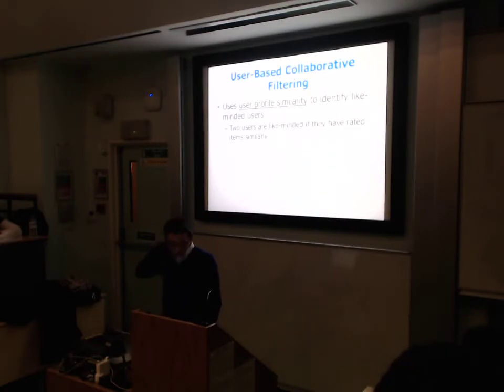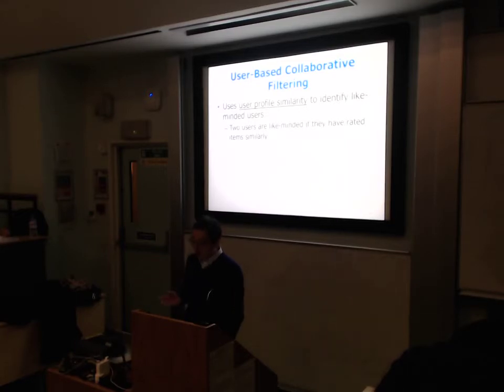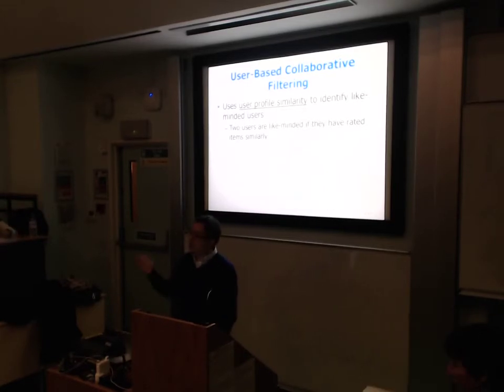So user-based collaborative filtering is that, because we have a profile to represent each individual user, we would be able to identify like-minded users, like-minded people. We can find other people who have the same taste as you.